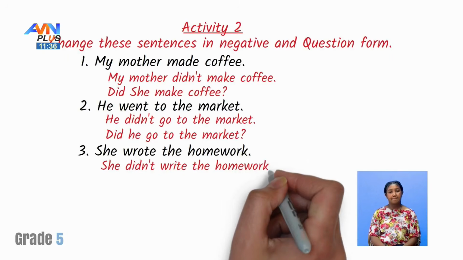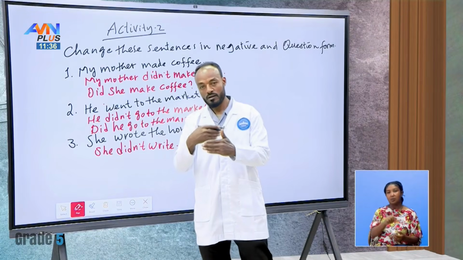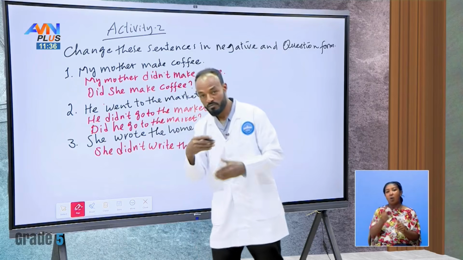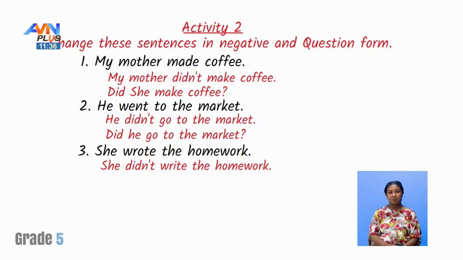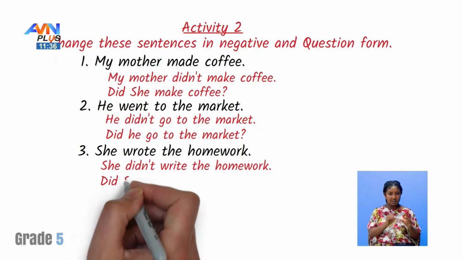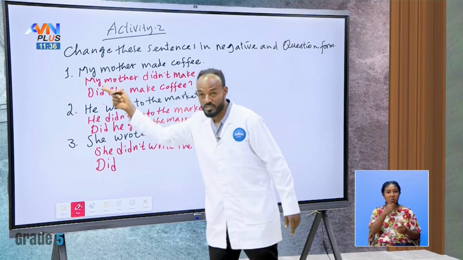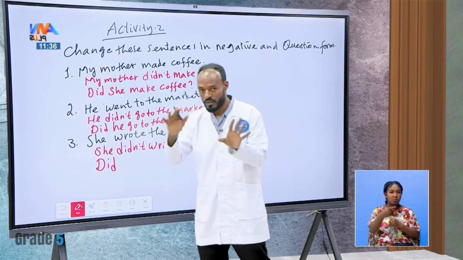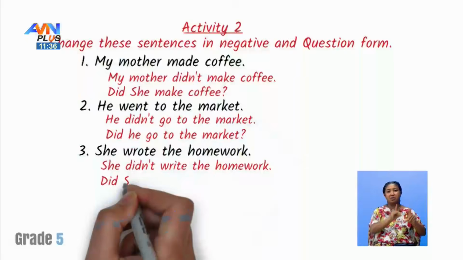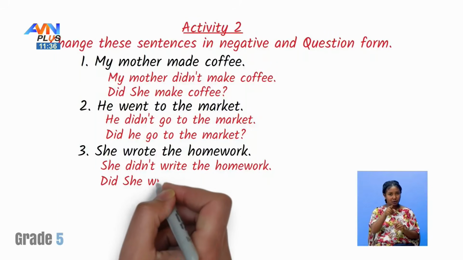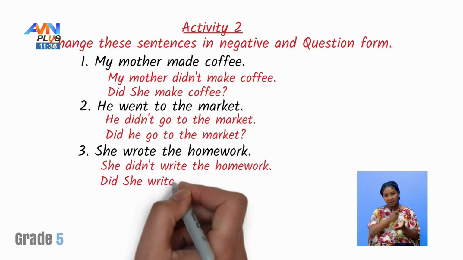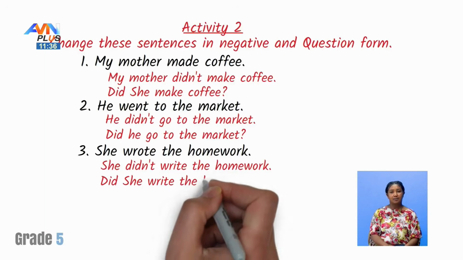Look, what about the question form? We have to start from did. Don't worry about the subject, if it is singular or plural. We have to start from did. Did she write the homework?